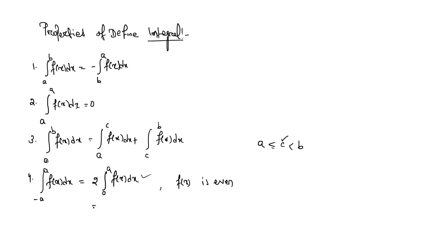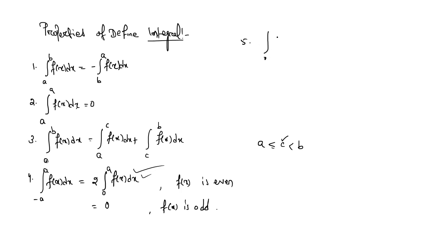Otherwise, this is 0, that is, if the function is odd. So this integration equals 0 if the function is odd, and if the function is even, then the answer is 2 times 0 to a f of x dx.